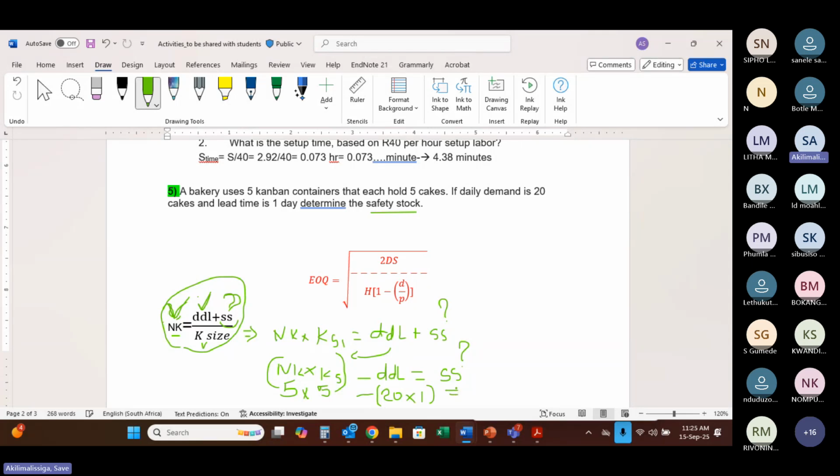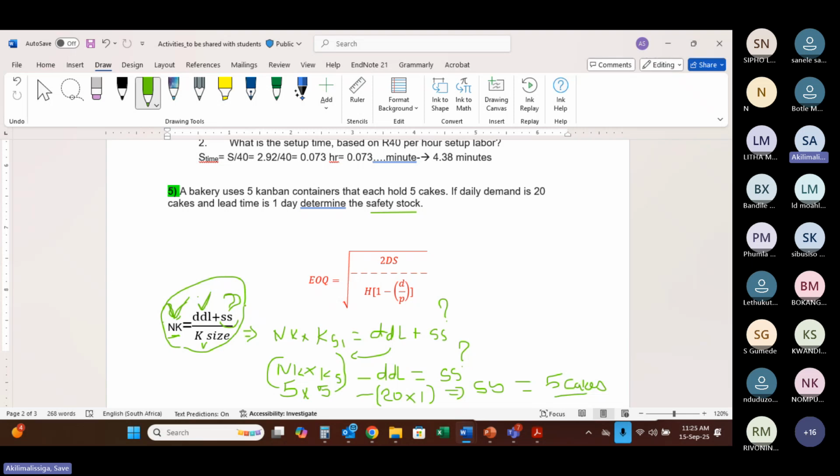And then now you can perform your calculations, and that will give you the safety stock. 5 times 5 is 25. 25 minus 20 will give us 5. So here it is 5 cakes. So this is your safety stock.